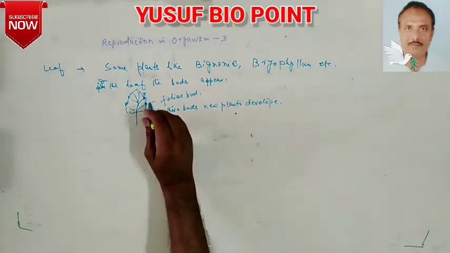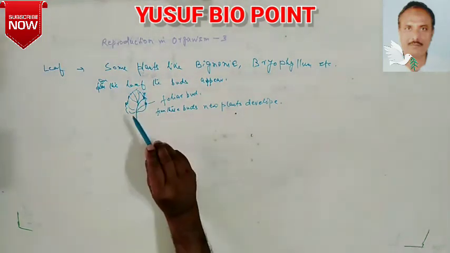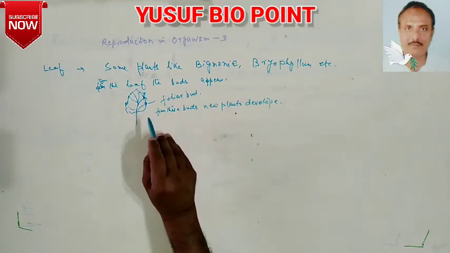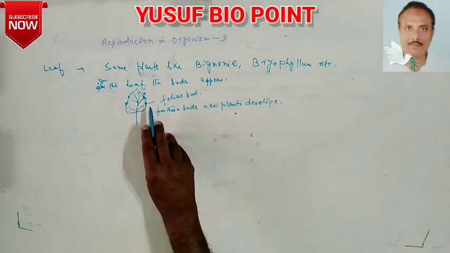In this way the new plants develop, which after maturation detach from the leaf, come to the soil, and from there give us new individuals or new organisms.